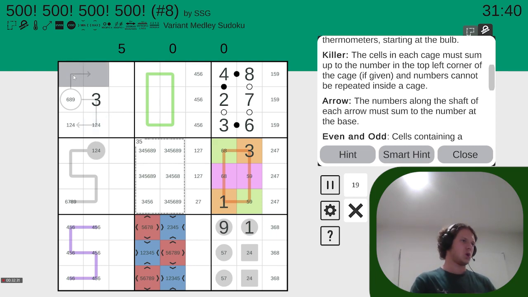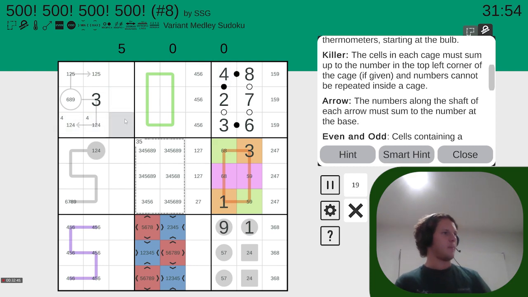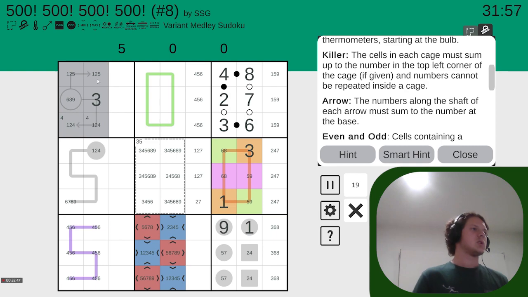So now let's think about this top. The digits we can use are the digits 1, 2, 4, and 5. But we can't use 4 because it is over here. Which means 4 has to be down here now. Because if we put a 6 anywhere on here, we are screwed. If we put 6, 1, we can't do 6, 2 actually. No, but then this can't get down low enough.